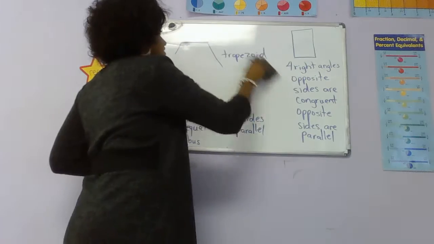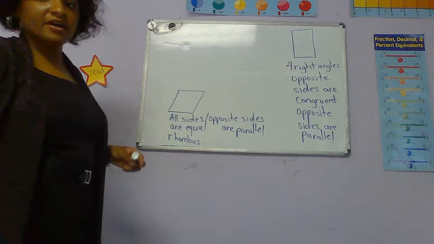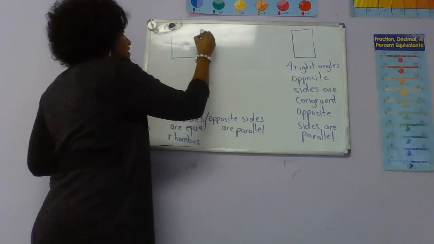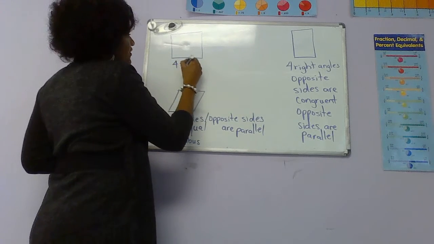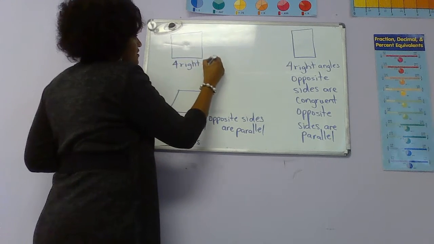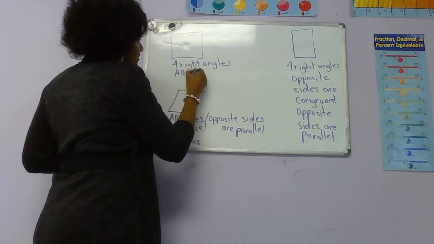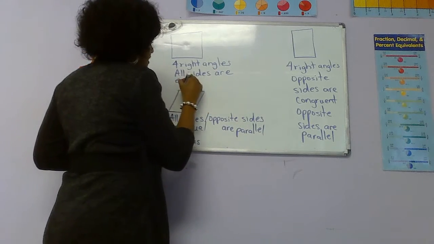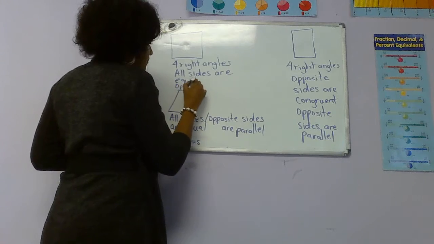Another common one is a square. A square is like where a rhombus and a rectangle meet. Like the rectangle, it has 4 right angles. Like the rhombus, all sides are equal. And like both of them, opposite sides are parallel.